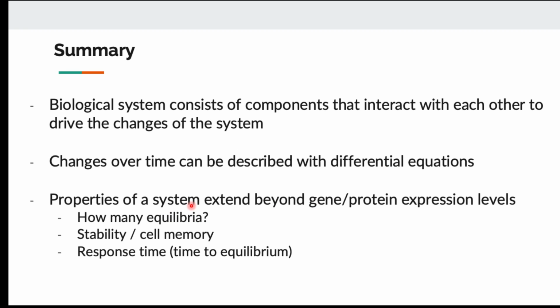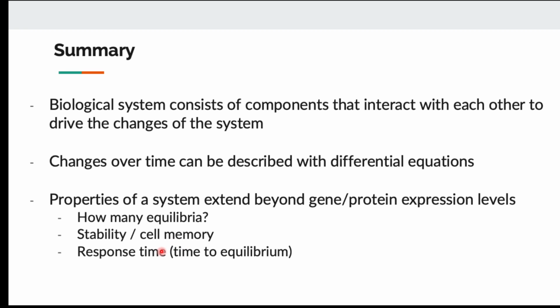And in order to understand the properties of a system, we need to understand the interaction between multiple genes and multiple proteins. For example, in the negative autoregulation example, we saw that it reduces the equilibrium expression level, which looks bad, but in exchange, it gives a better response time to the cells.